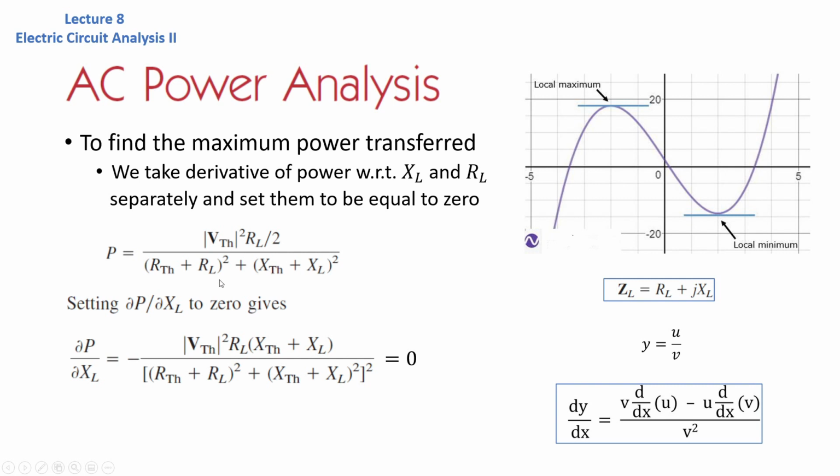This particular term does not have xl in it, so this term will again be 0 when we take the derivative with respect to xl, and this part, since it has xl, will have a non-zero derivative, and that non-zero derivative is 2 into x Thevenin plus xl.